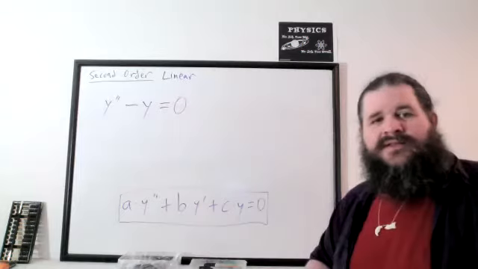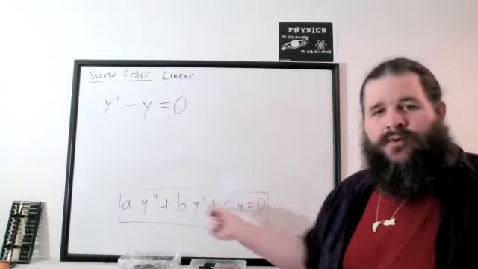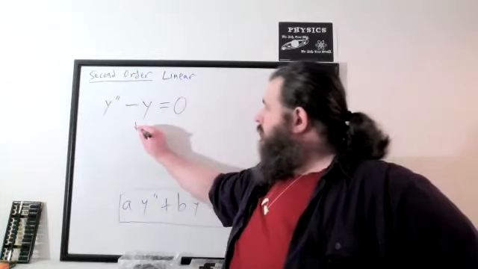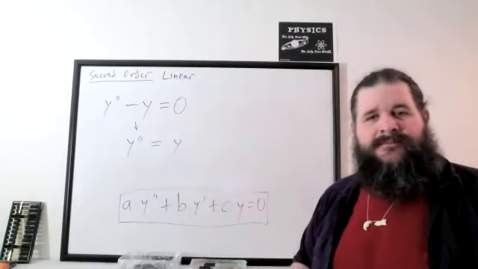I think this is about as simple as we can make this format and still be in this format in an interesting, useful way. Because then we just get y double prime equals y. And think back to what you know about functions. Do you know of any functions where the second derivative of a function equals the function itself?